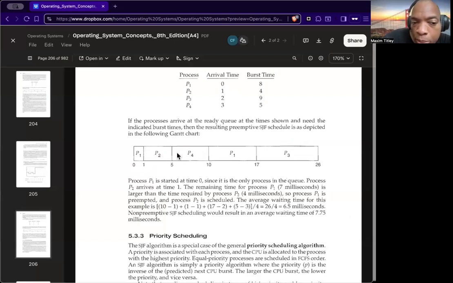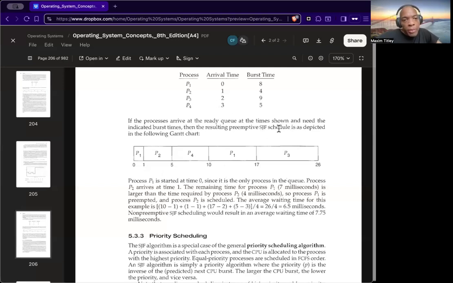We can see that there's preemption occurring here between the different processes. So if the processes arrive at the ready queue at the time shown and meet the indicated burst times, then the resulting preemptive schedule works as follows. So now here is process one. It got cut off by processes 2 and 4, right?